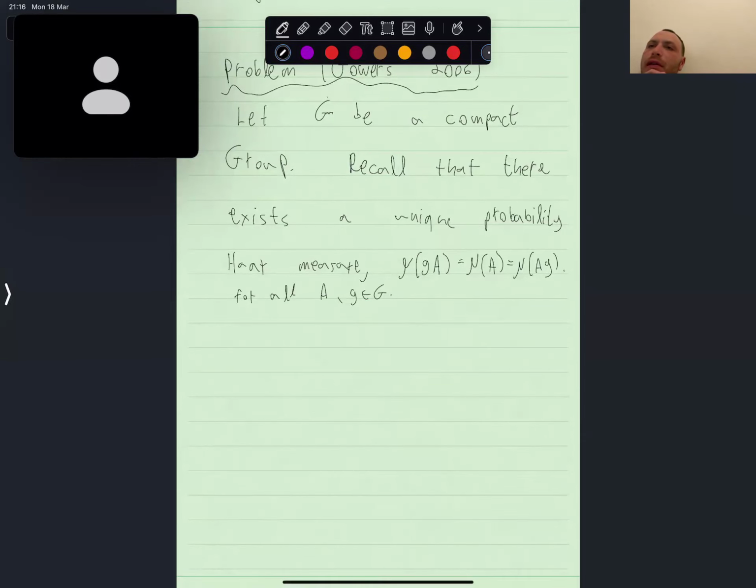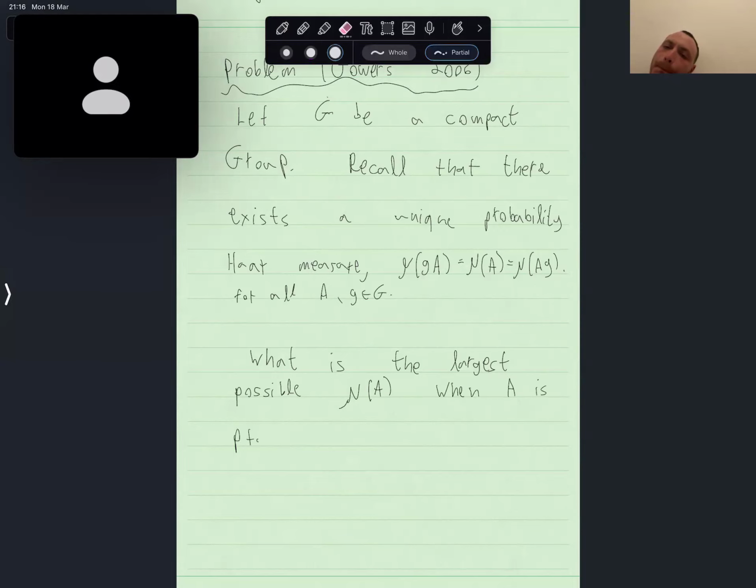So the problem is, given G, what is the largest possible mu of A when A is product free.